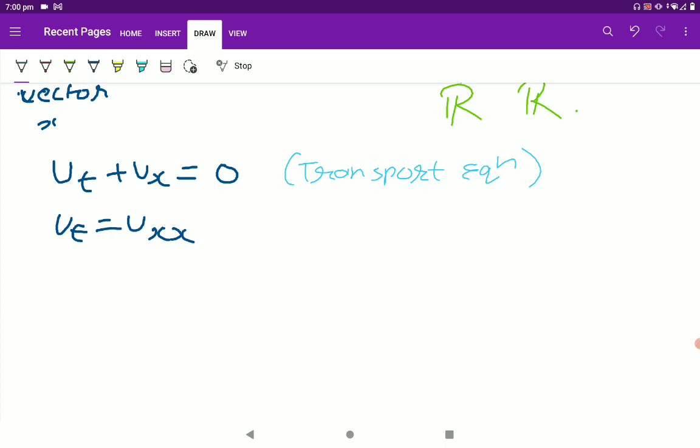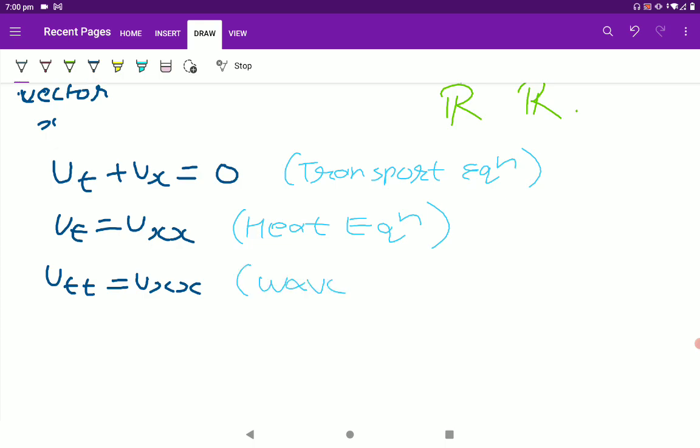This is the heat equation. Another example is u_tt = u_xx. This is the wave equation. The last example is u_tt + u_xx = 0. This is the Laplace equation.